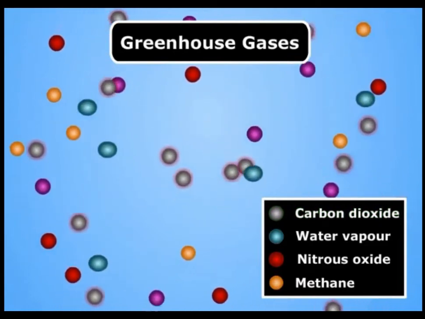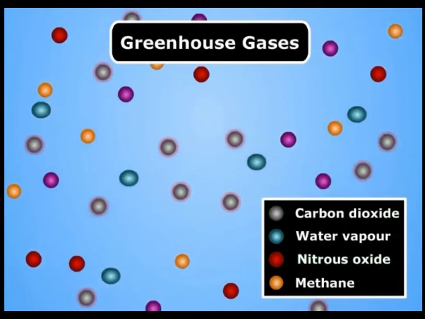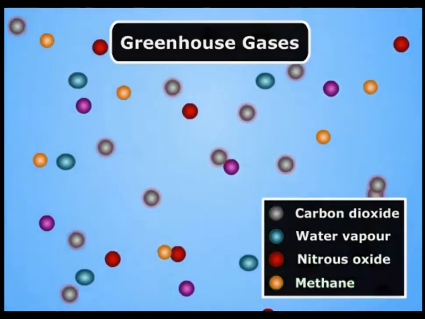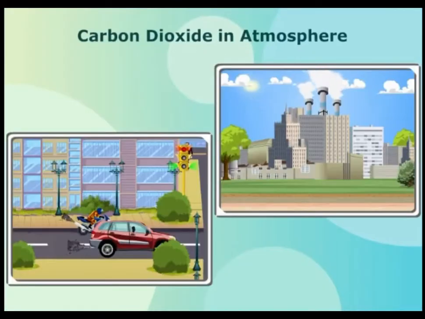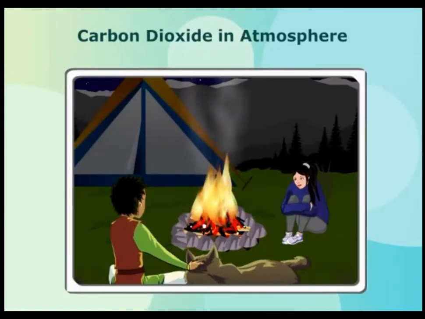Other greenhouse gases are water vapor, nitrous oxide, and methane. Do you know, a lot of carbon dioxide is emitted by vehicles and industries into the atmosphere. In fact, burning of fuels also disturbs the carbon dioxide balance in the atmosphere.